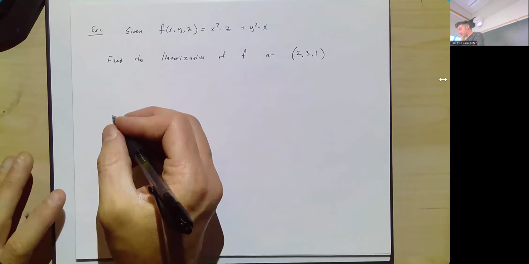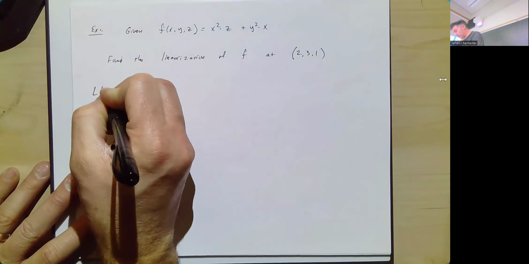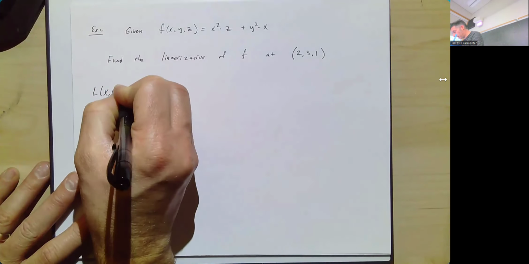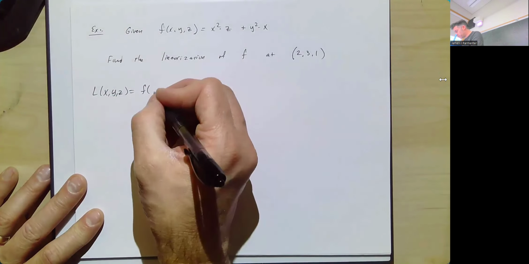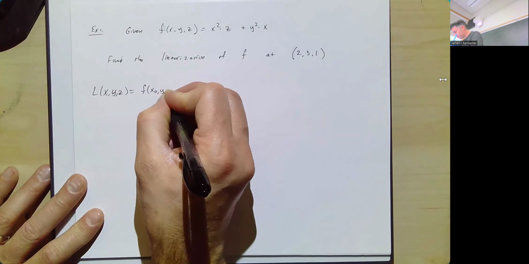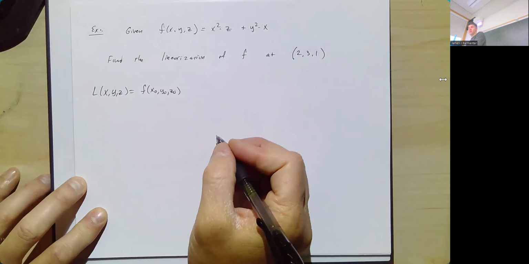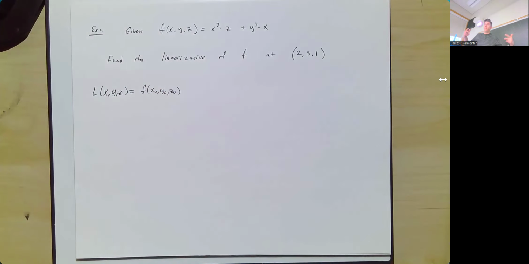So all we're going to say is that our linearization of x comma y comma z is, well, first it's f evaluated at the point. And then, instead of the 2 partial derivatives multiplied by the respective x minus x naught or y minus y naught, it's going to be the 3 partial derivatives.